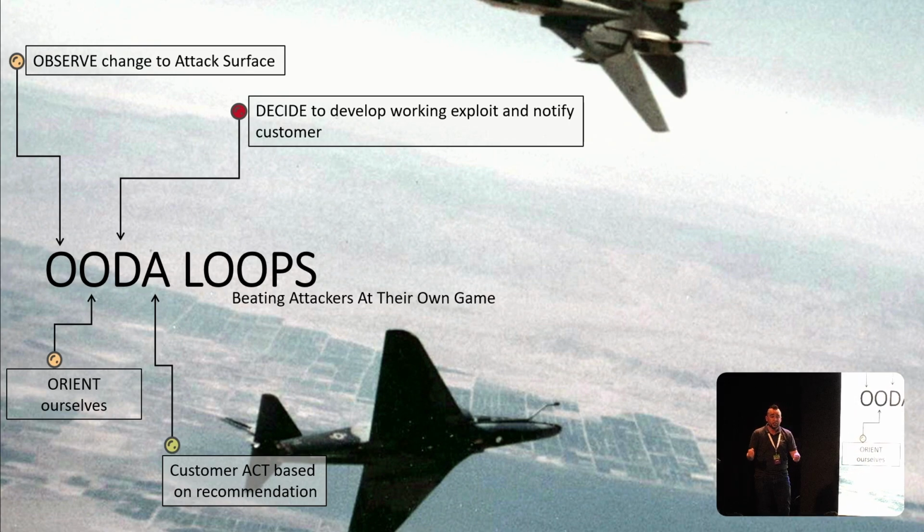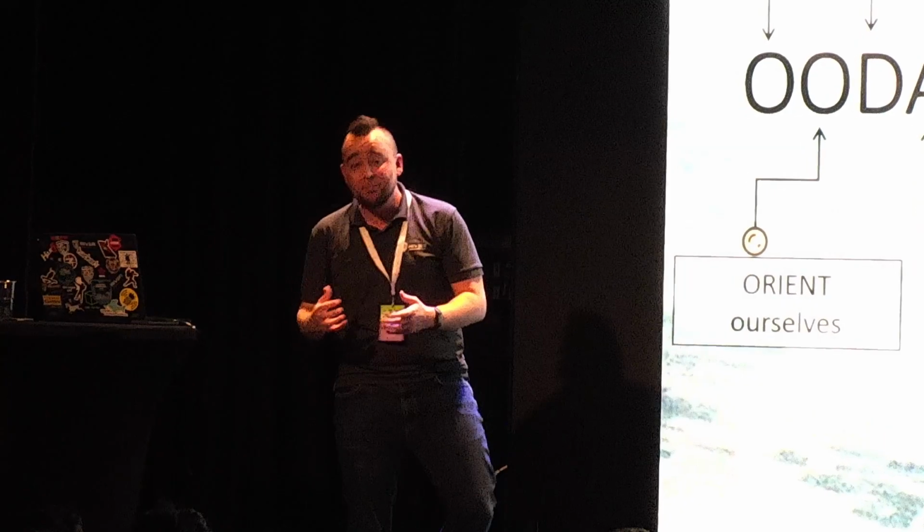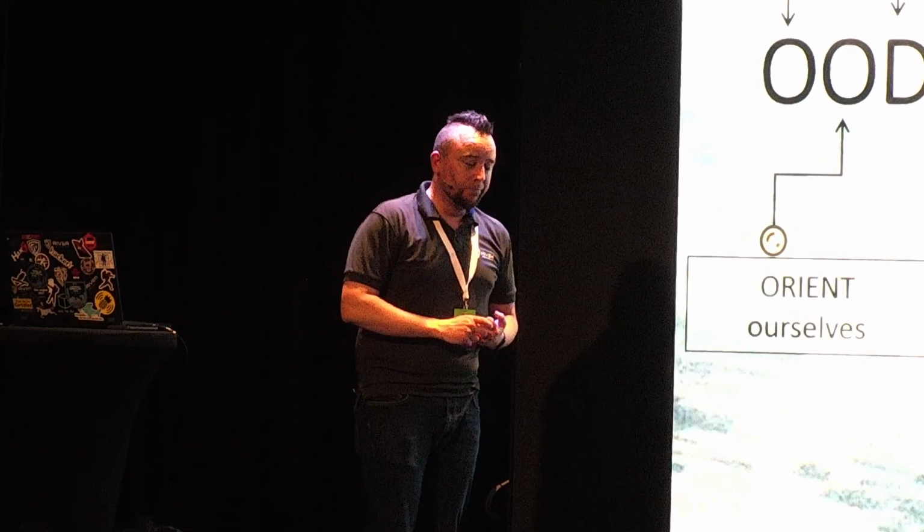Any risk to the customer? If we can ask that question, orient ourselves really fast, decide on an outcome, and make the customer act on that rapidly, multiple times every day, we believe that we can have a chance against what the threat actors are currently doing to us. We can beat them. At least we can compete against them in the same arena that they're playing.